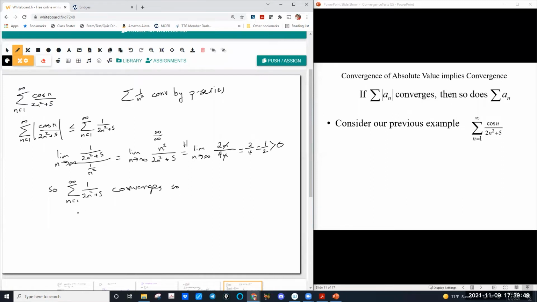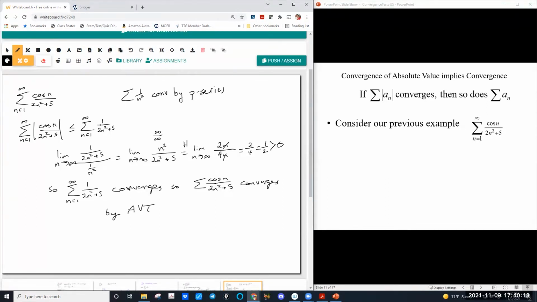So our original series, cosine of n over 2n squared plus 5, converges by what I like to call the absolute value test.